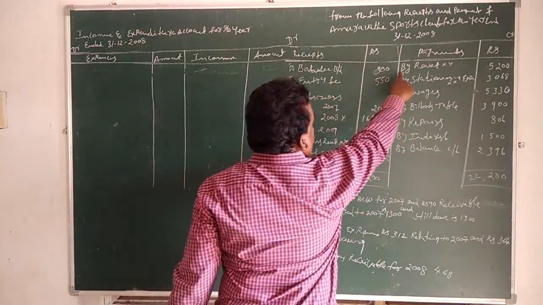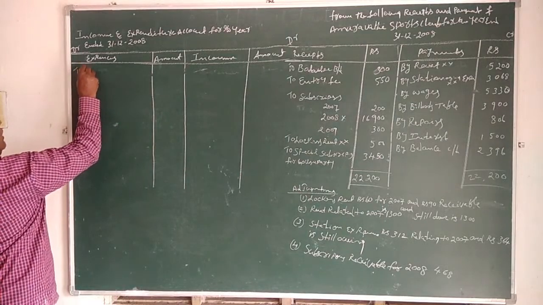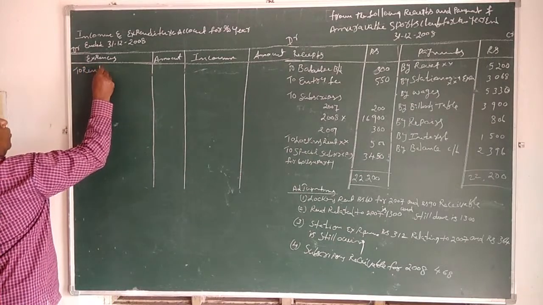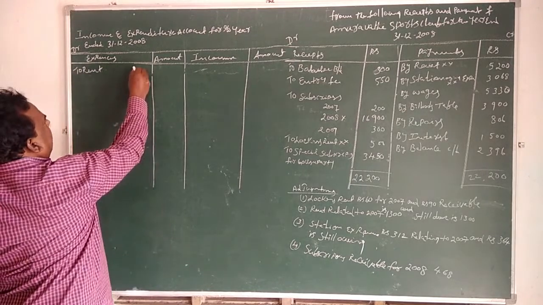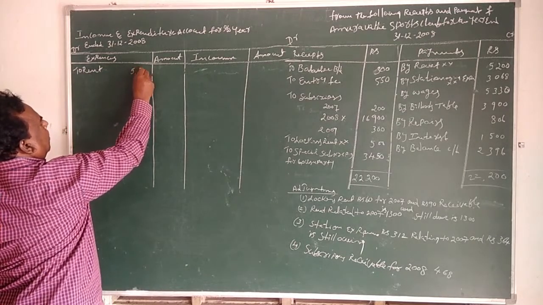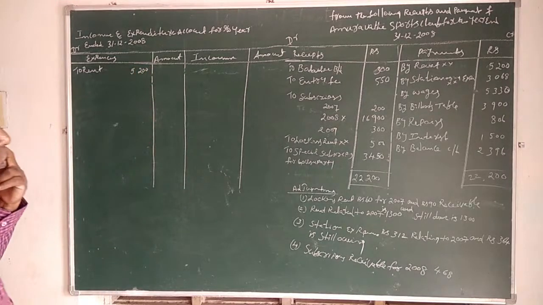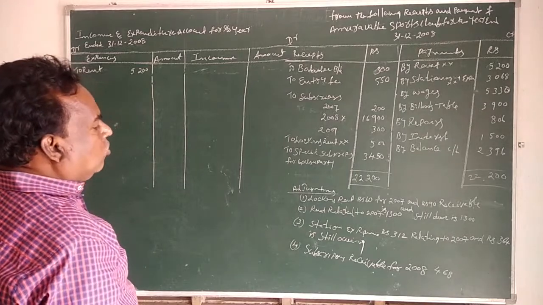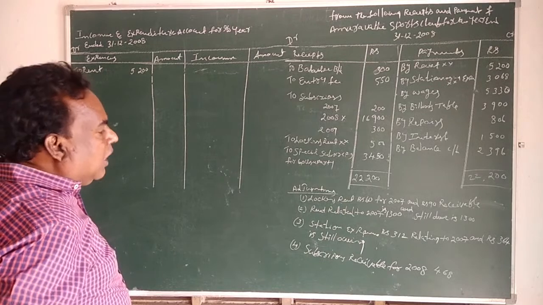So to rent 5,200. Two adjustments are there. Rent related to 2007 is 1,300 and still due is 1,300.